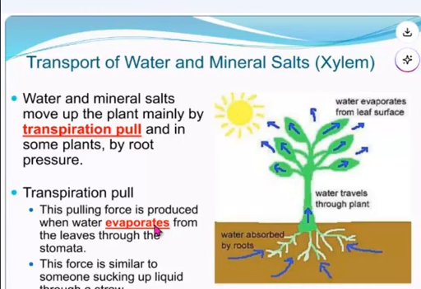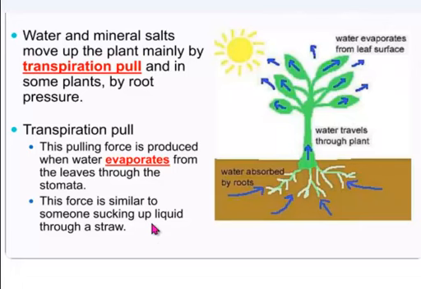This pulling force is produced when water evaporates from the leaf through the stomata. That is, when the sun shines in the afternoon, it extracts the water from the plant. That is what we call evaporation, and this happens particularly on the leaves of the plant.